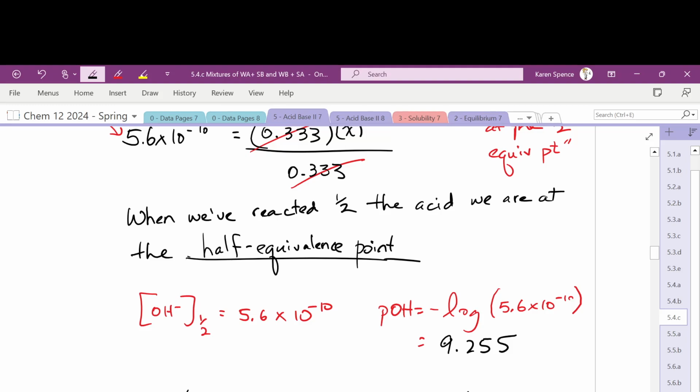What did we get when we used the acid equilibrium? We got pH equals 4.74. So it doesn't matter whether you use the Ka, the acid equilibrium, or the base equilibrium, you'll get the same result. Okay?